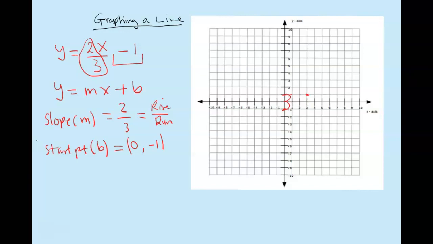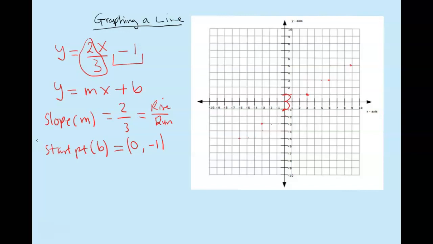And then we can rise up 2 again. So 1, 2. And then we go 1, 2, 3. You can come here, you fall down 1, 2, then 1, 2, 3.